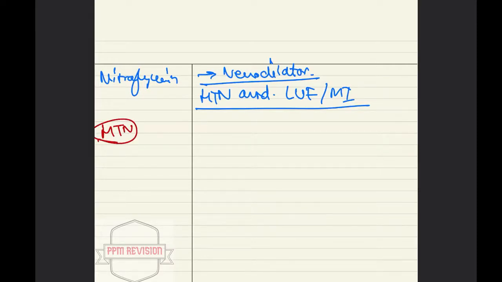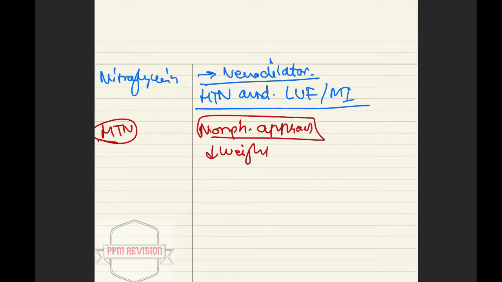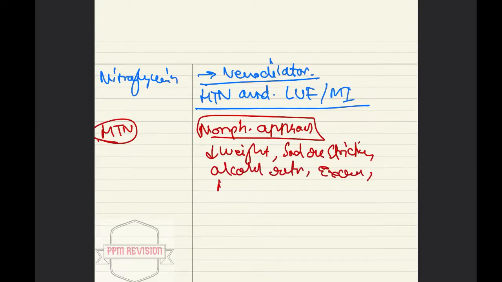Here, firstly, we can try a non-pharmacological approach, and this includes decreasing weight, sodium restriction, alcohol restriction, exercise, mental relaxation, as well as decreasing smoking or avoiding smoking completely, and a potassium-rich diet can be utilized.